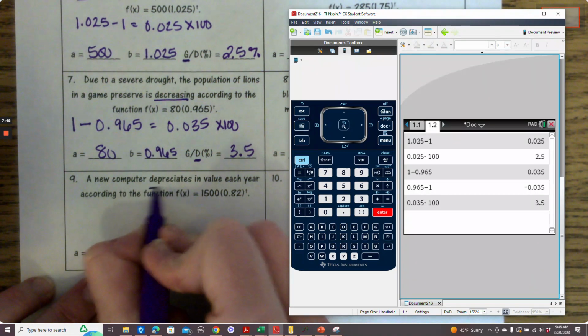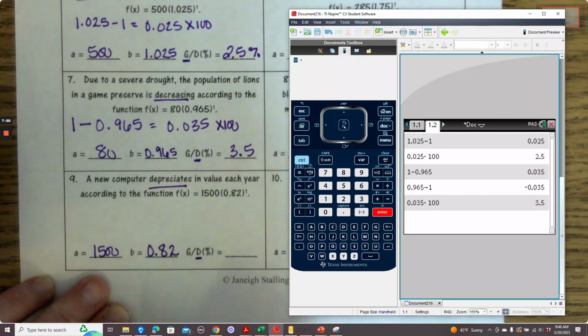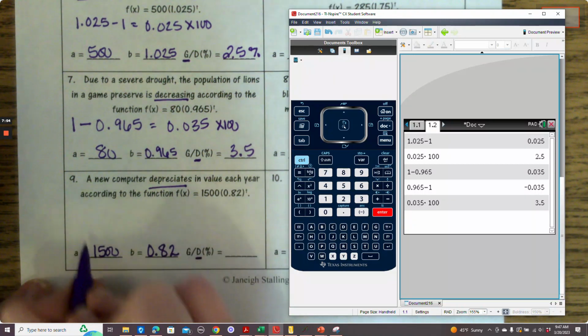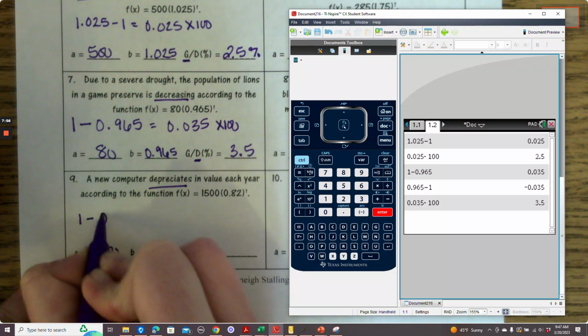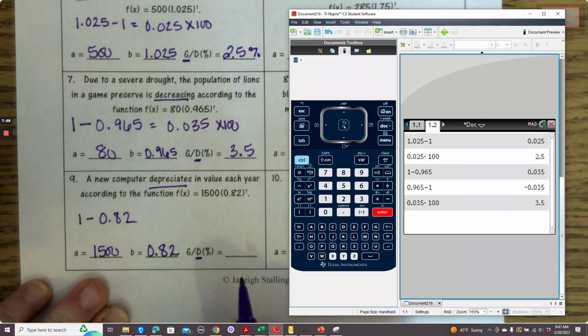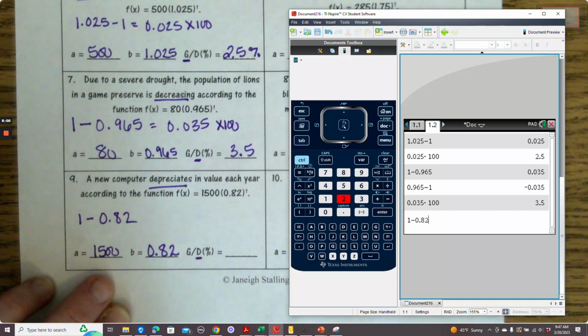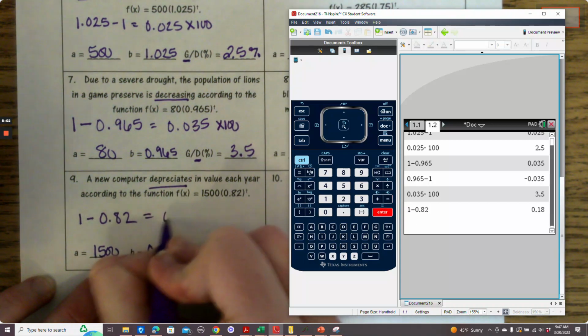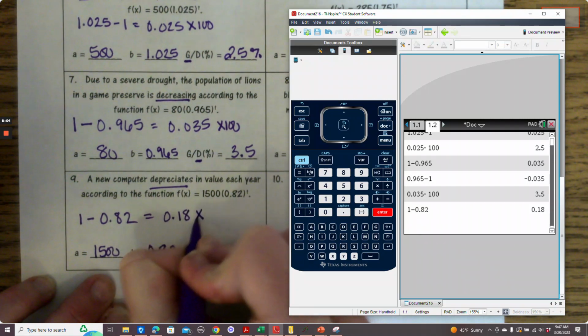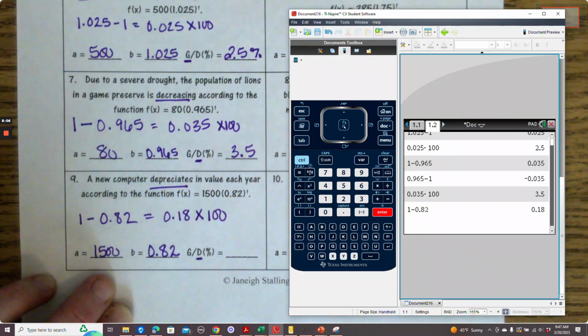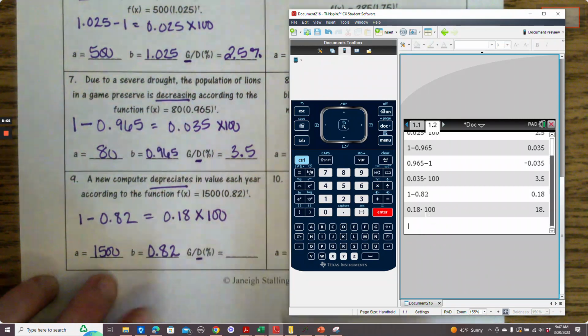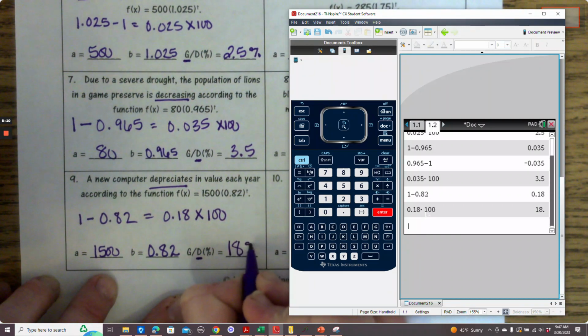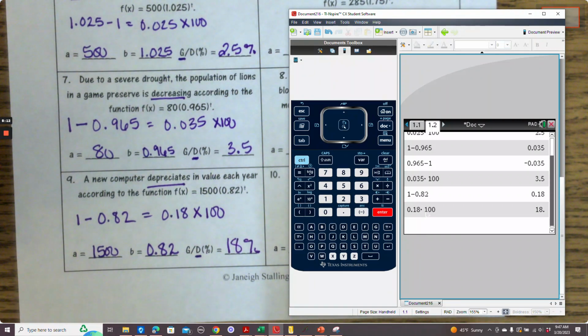And then depreciates means it's decaying. Okay? So we would do 1 minus 0.82. And we get 0.18, and then we multiply that by 100. Times 100 would be 18, and we write it with the percent sign.